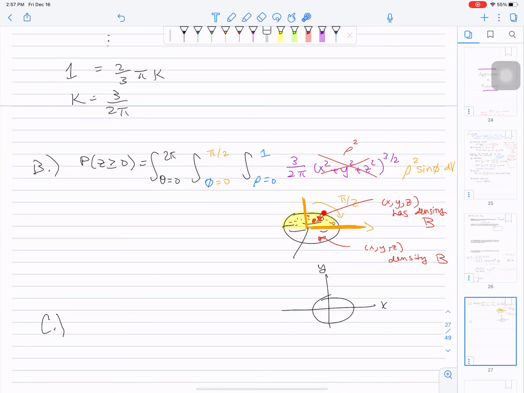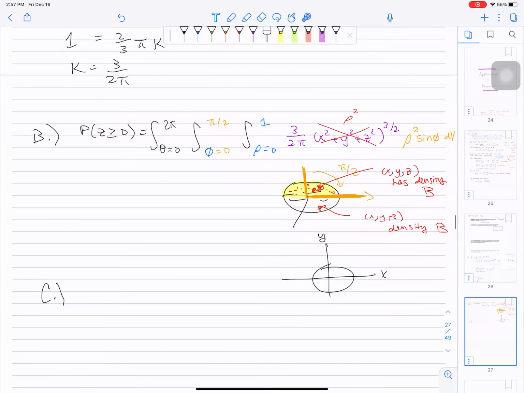And so if we looked at our entire sphere, what is the total probability we can have? Total probability over the entire sphere. Well, what is that? That's integrating rho.